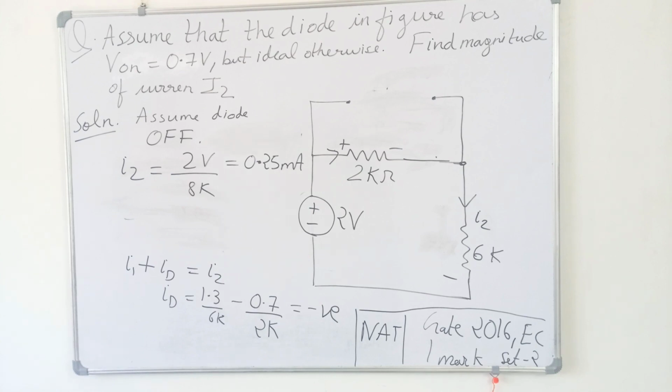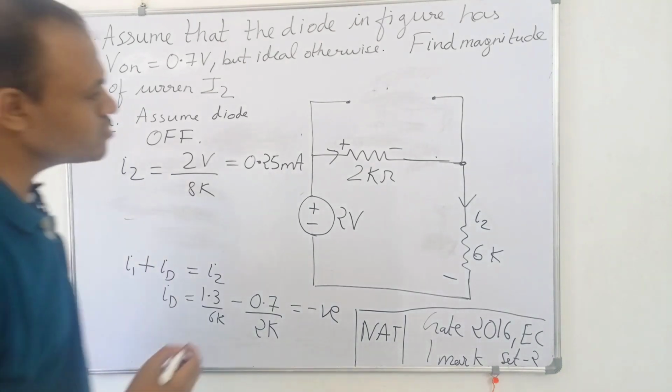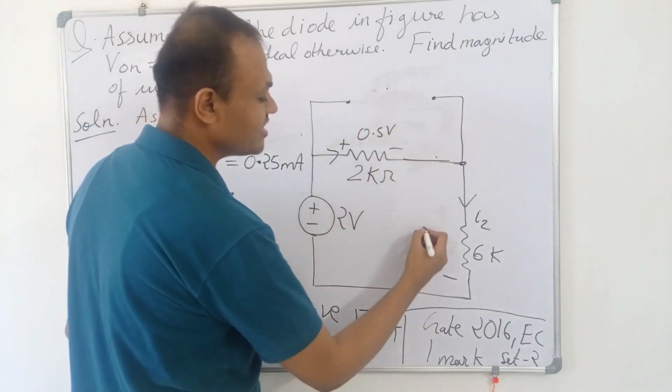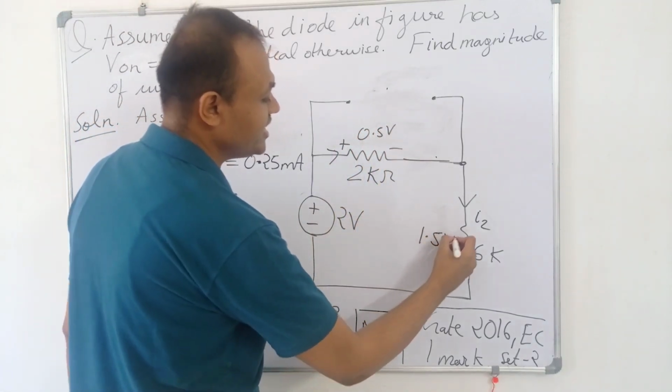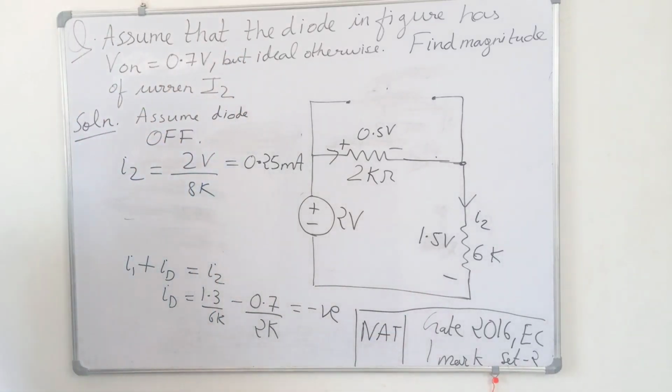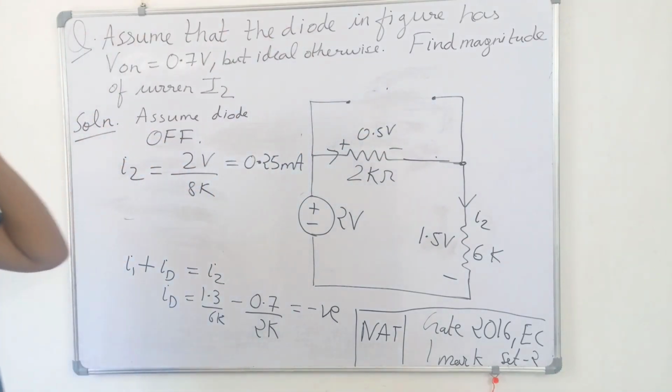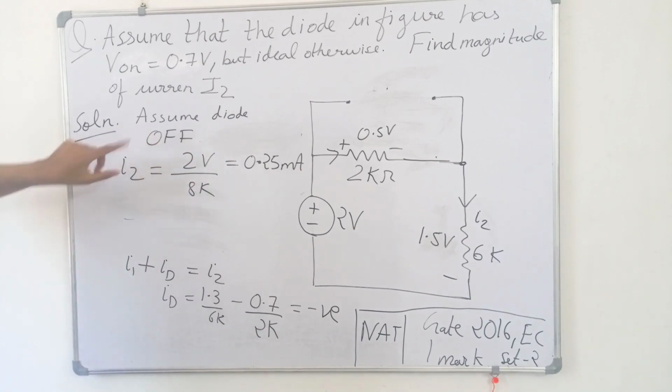If you want to find this voltage, then also you can find this will be equal to 0.5 volt and this will be equal to 1.5 volt. So this is 0.5 volt and in parallel voltages are same, so the diode is off. So our assumption is true, the diode is really off.